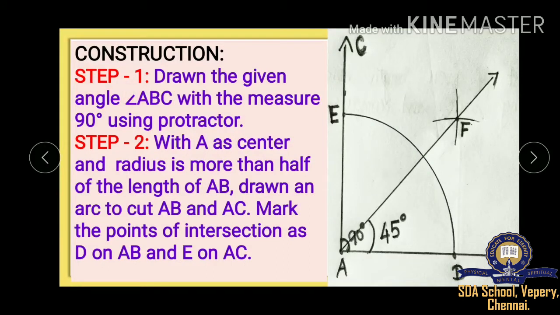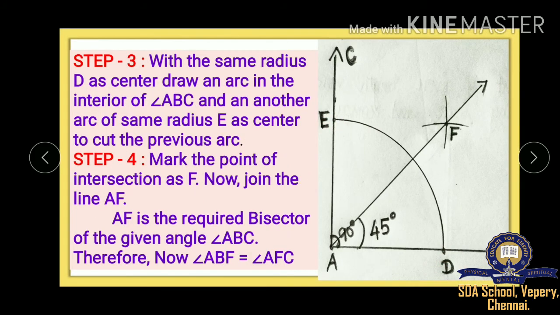Step 1. Draw the given angle ABC with a measure of 90 degree using protractor. And then step 2. With A as center and the radius more than half of the length of AB, draw an arc to cut AB and AC. See? Next, mark the point of intersection as D and E. Move on to step 3.